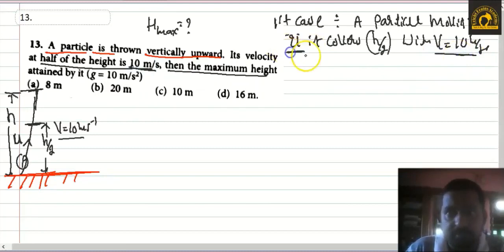We know the formula v square is equal to u square plus 2as.